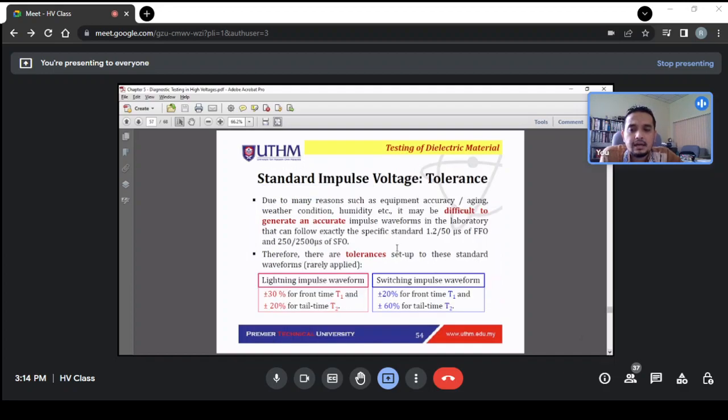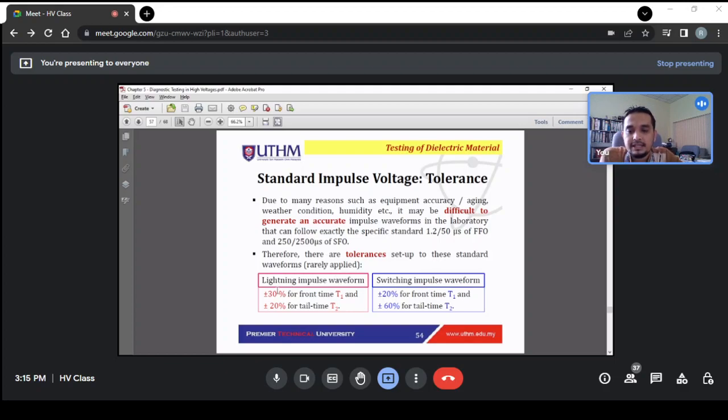Okay, and now we come to this one. Since in high voltage applications it is very difficult to generate or obtain the exact lightning or switching impulse, the standard spells out the plus and minus tolerance for the front time and tail time, for the switching as well as for the lightning.